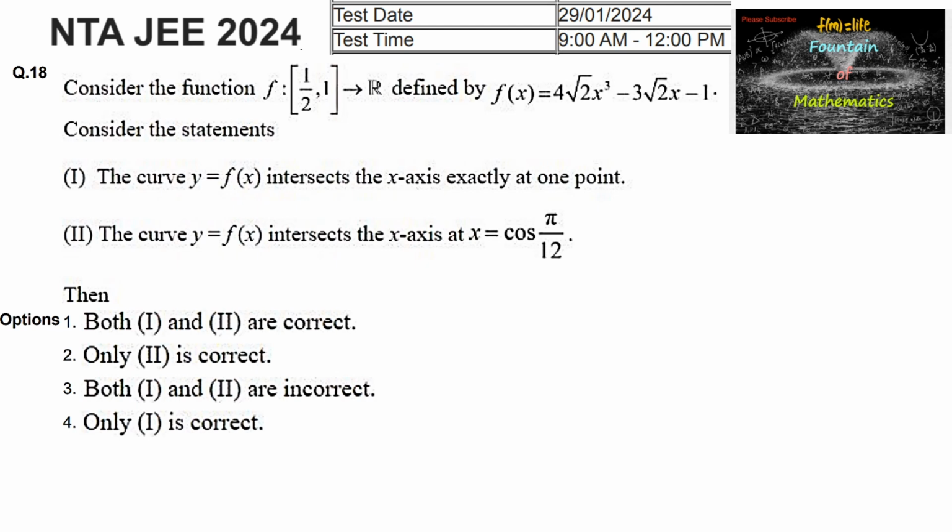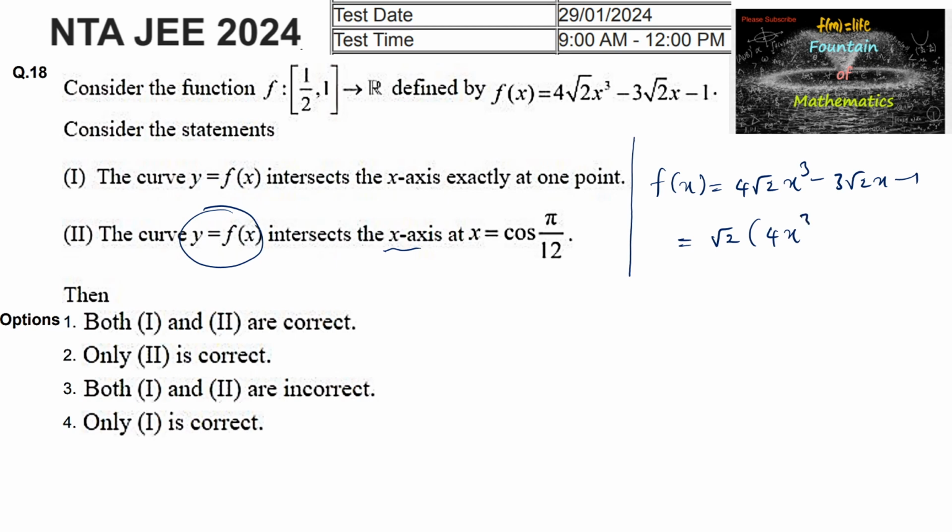Now let's check the second statement. The curve y = f(x) intersects the x-axis at the point x = cos(π/12). Given the function f(x) = 4√2 x³ − 3√2 x − 1, this can also be written by taking √2 common: √2(4x³ − 3x − 1)... Let us consider x = cos θ.